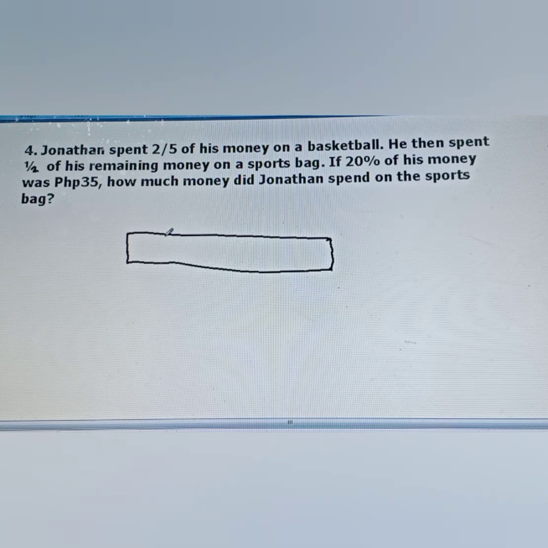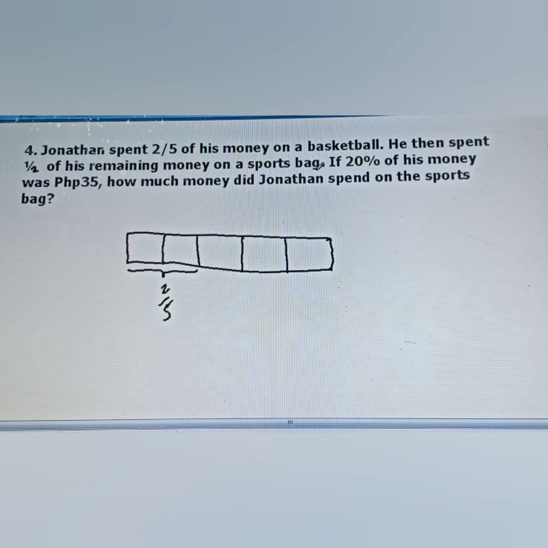Assuming the parts are equal, let's divide: 1, 2, 3, 4, and 5. So these two parts are the 2/5 spent on basketball.